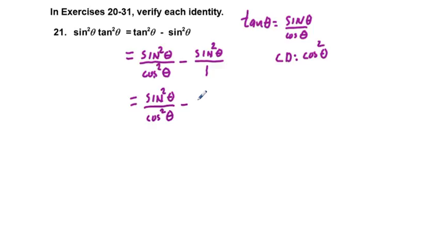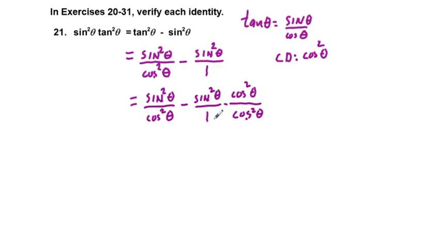The next fraction, sine squared theta over 1, we multiply by cosine squared theta over cosine squared theta.